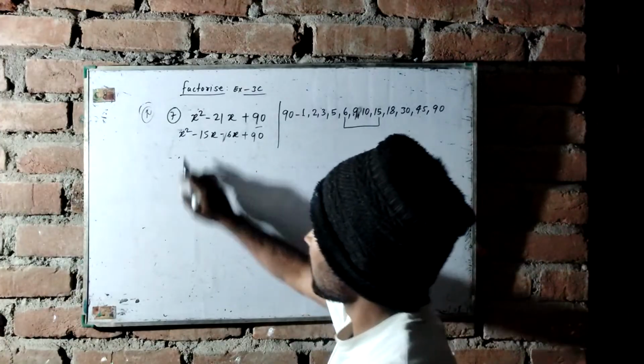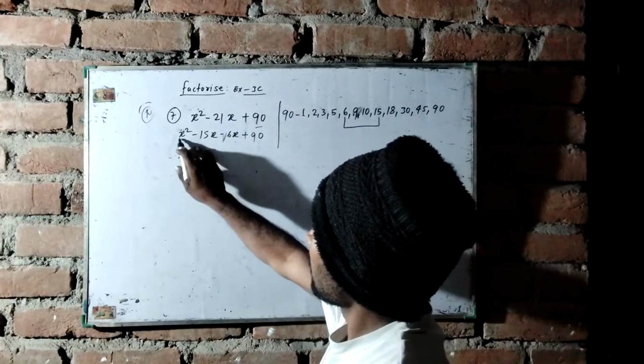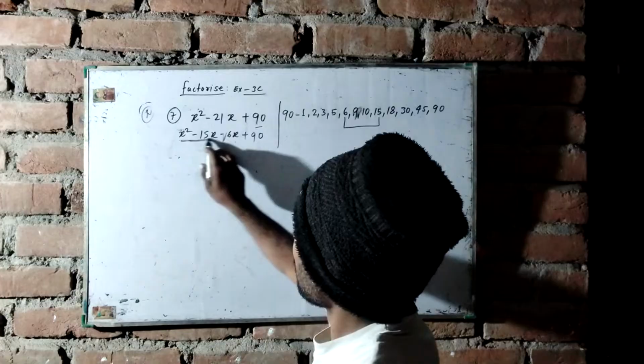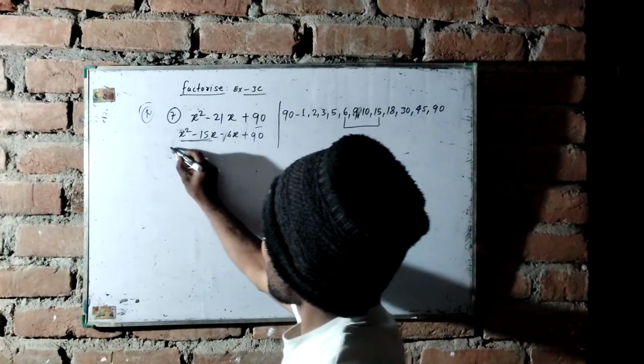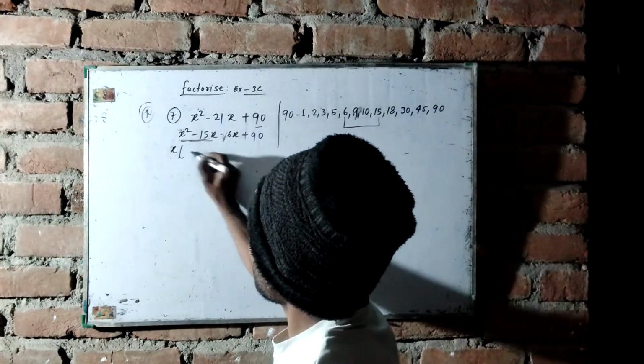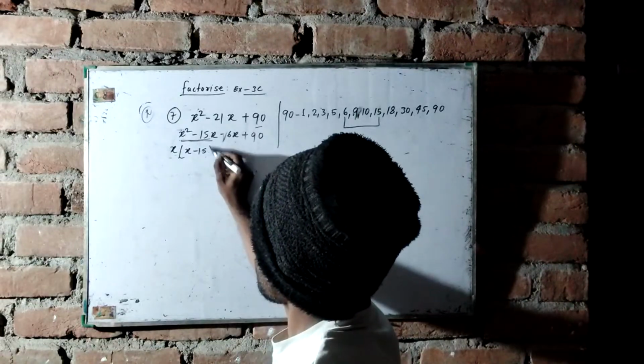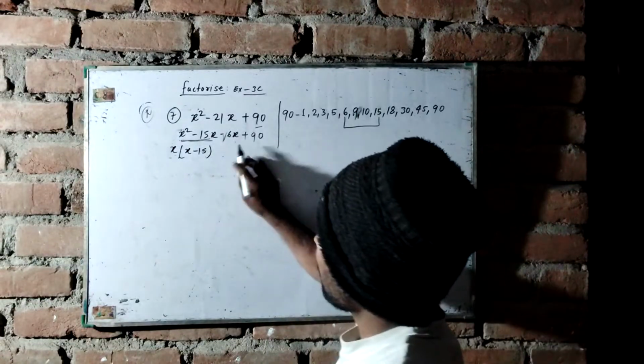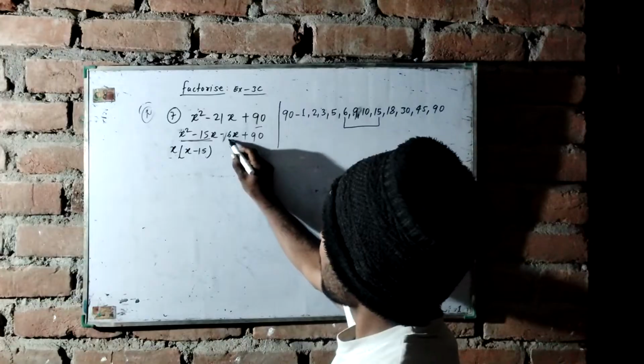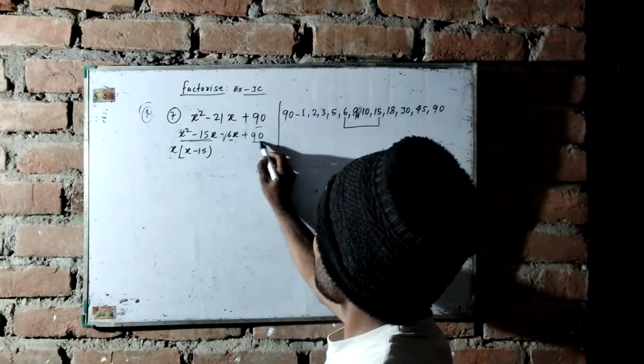Now we can see x is present in both terms. So we can take x as a common and we can write x minus 15 as a multiple. And we can see 6 is present in both terms.